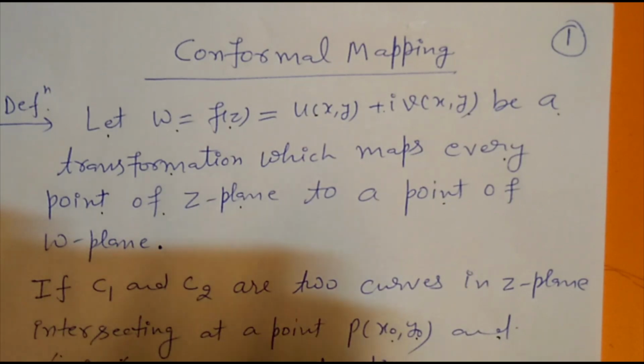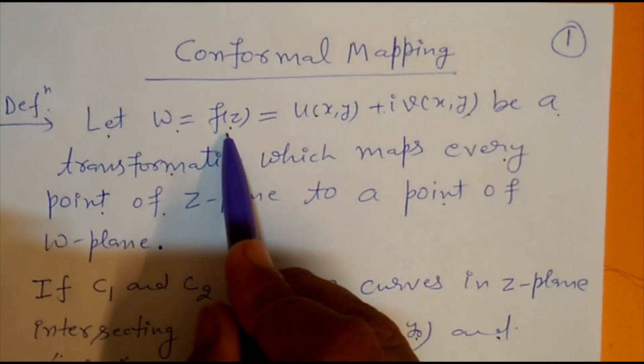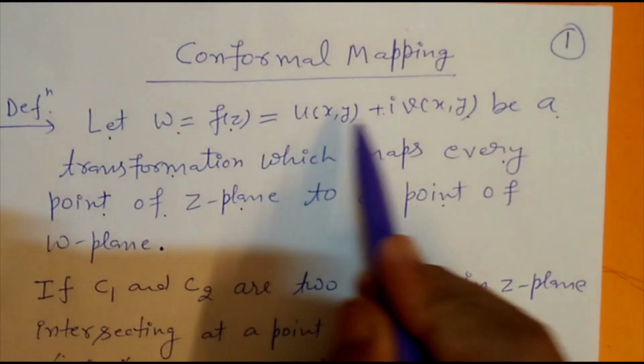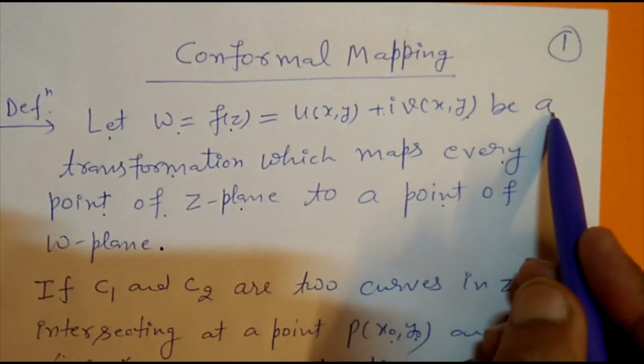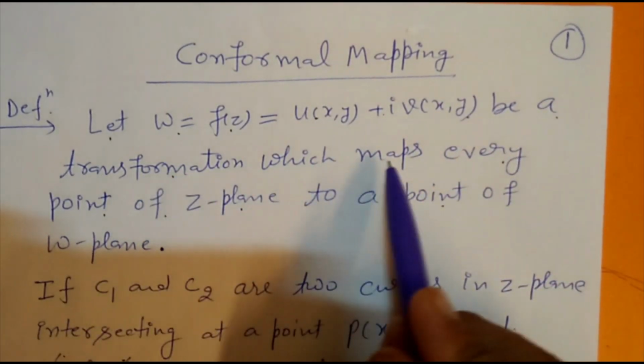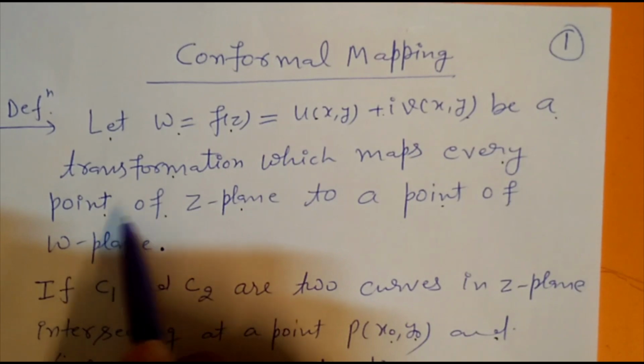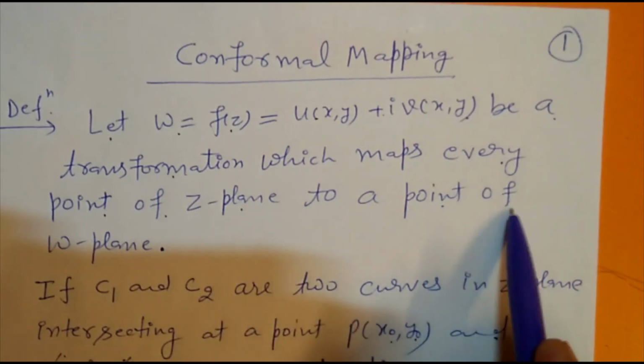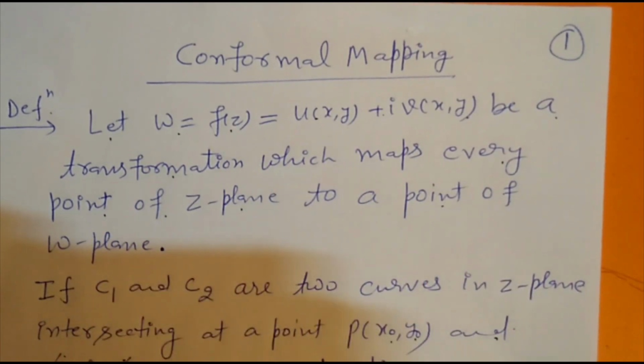Let w = f(z) = u + iv be a transformation which maps every point of z plane to a point of w plane.